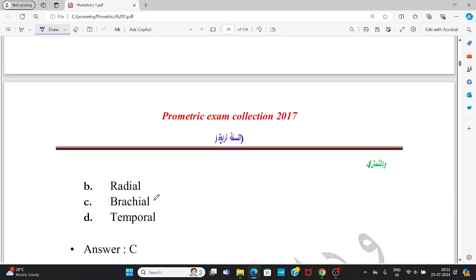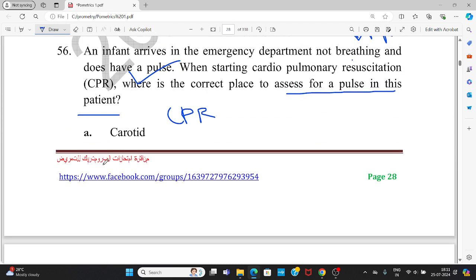radial, brachial, temporal. So anyways, it is not temporal. It is not radial. Now the confusion is between brachial and carotid, isn't it? So when starting CPR, it is about when you are going to start cardiopulmonary resuscitation.